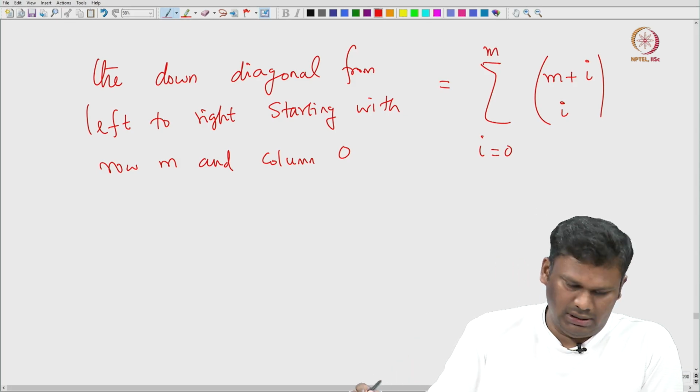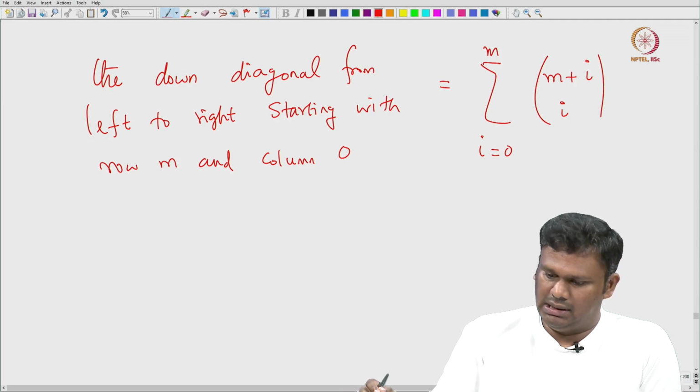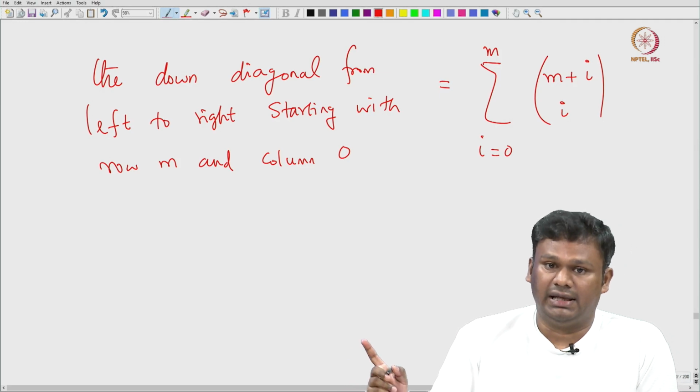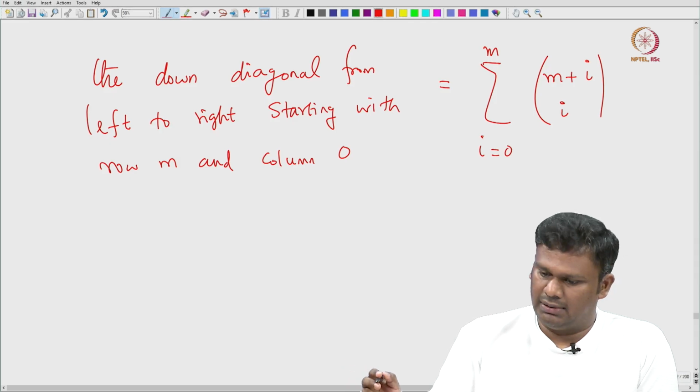We want to prove that this is exactly equal to m plus n plus 1 choose n. Okay, let us see how one can prove this.